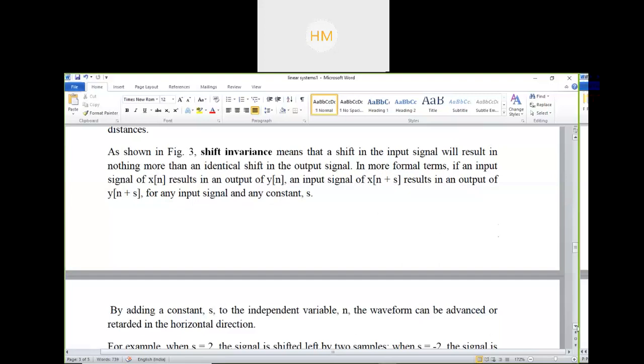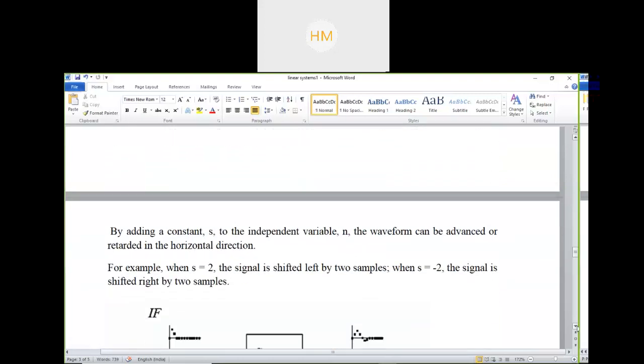Such a system is known as a shift invariant system. Is it clear? That means the time delay produced in the input will be the same time delay produced in the output signal. So there is no time difference, and that system is known as a shift invariant system.